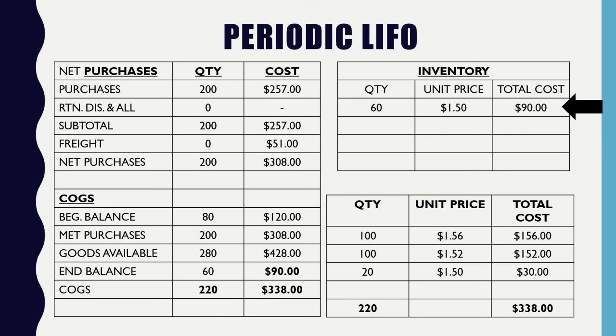A little FYI. But for today, I want you to understand that this is exactly how we calculate last in, first out. Any questions in regards to this? And this is with beginning inventory as well.